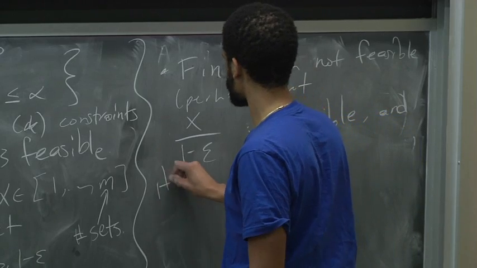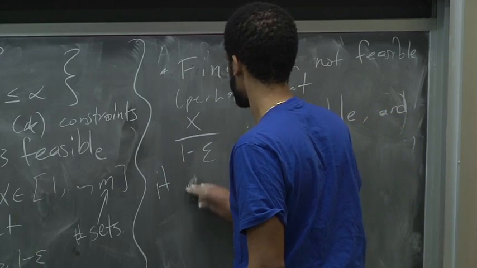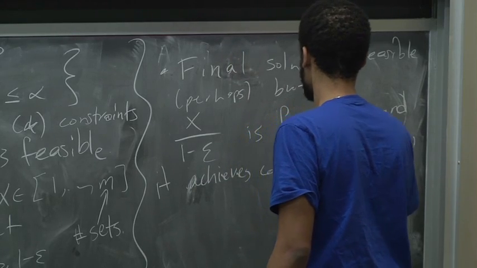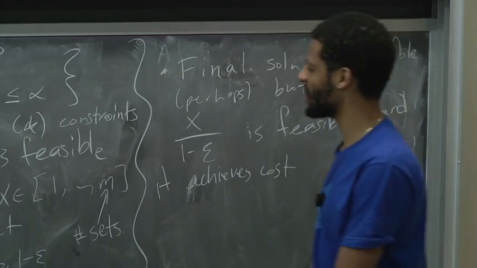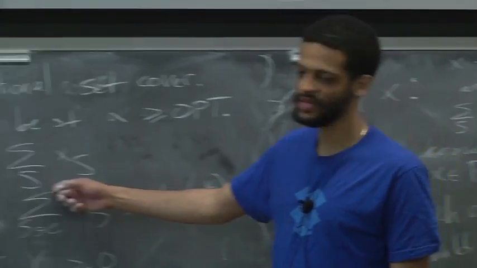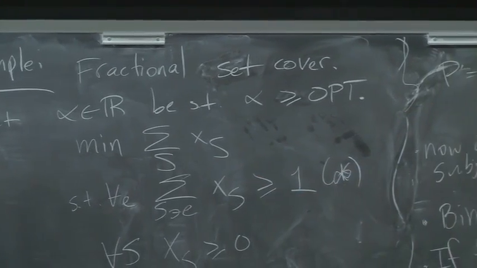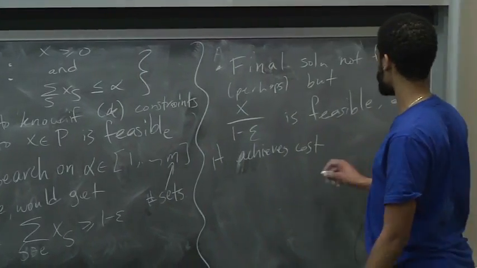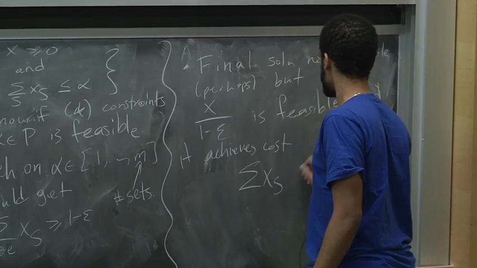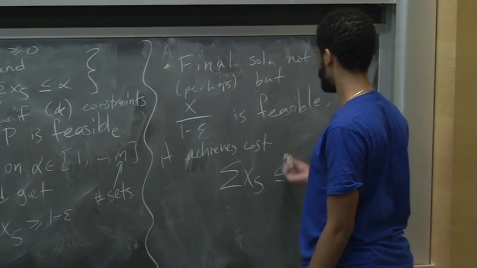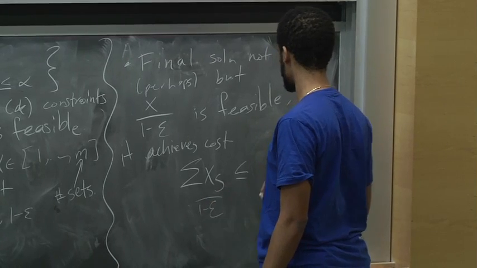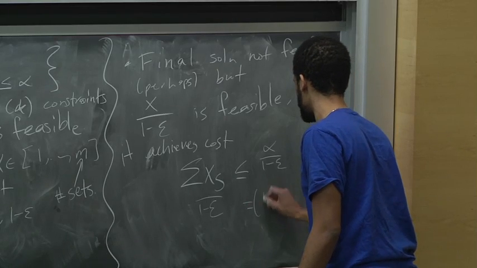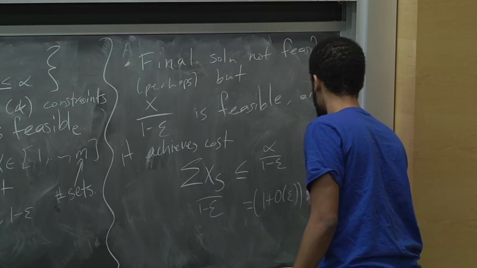And it achieves cost, well, the cost is this sum, the sum of the xs's. And before it was in P, right? So we knew it was at most alpha. It achieves cost sum over xs over 1 minus epsilon, which is at most alpha over 1 minus epsilon, which is equal to 1 plus O of epsilon times alpha.